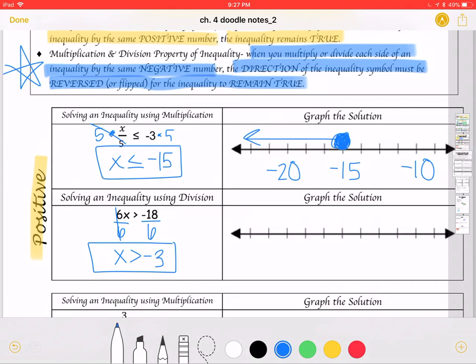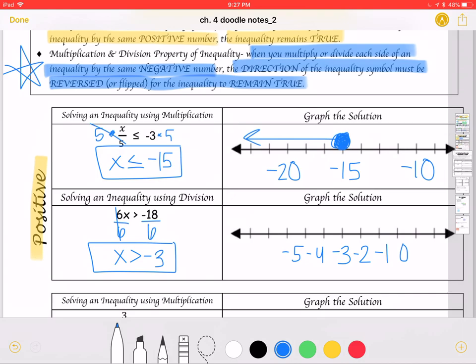So now go ahead and graph it. Negative 3 should be in the middle. You could be labeling every single one after that, or you could just do a few. I really don't have such a specific preference as long as you are labeling correctly, knowing where your numbers go.